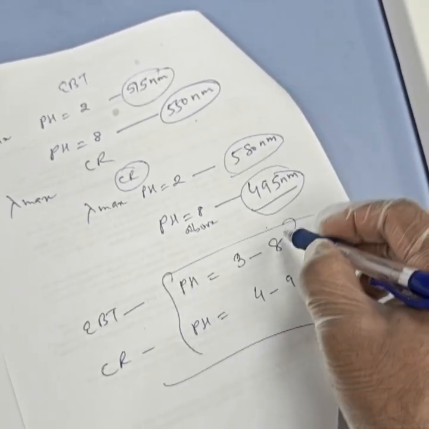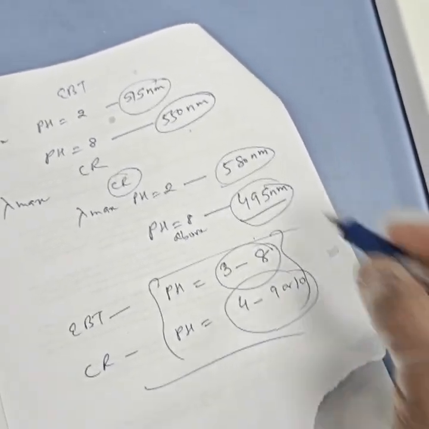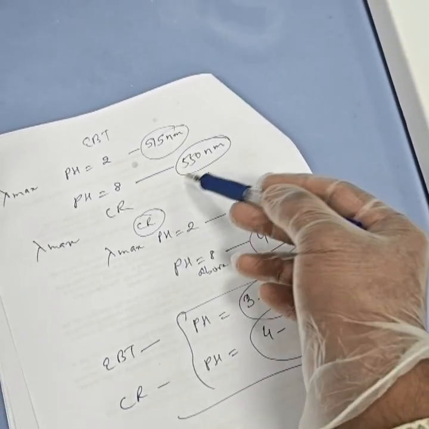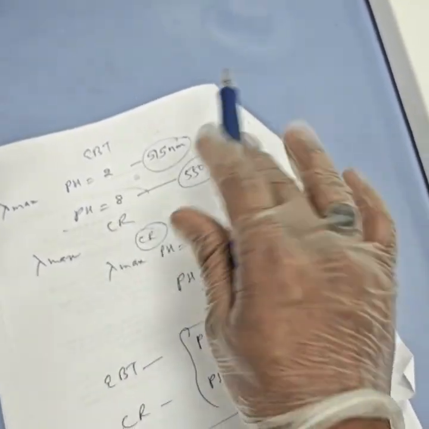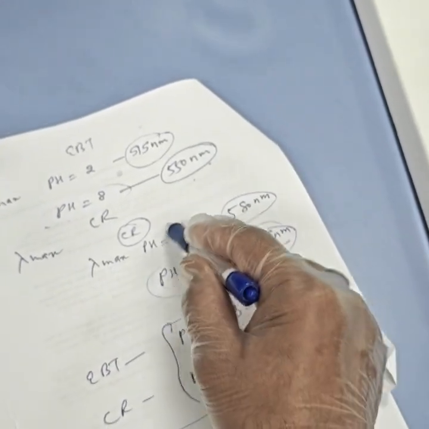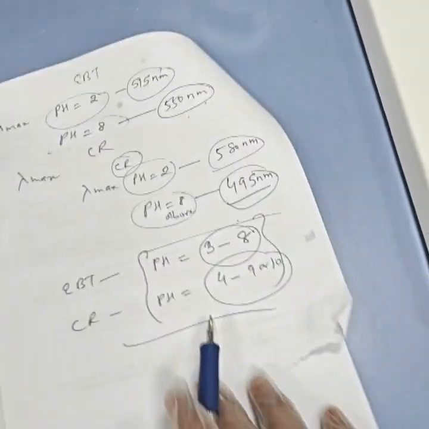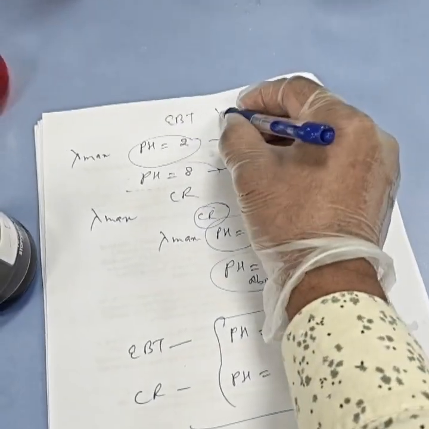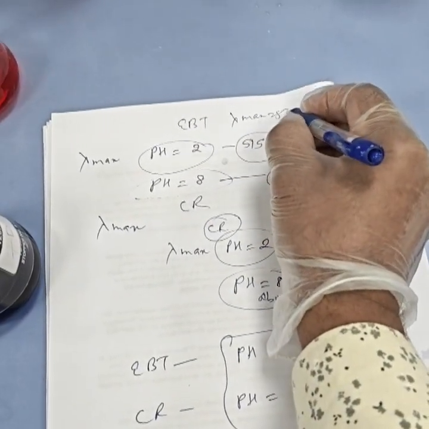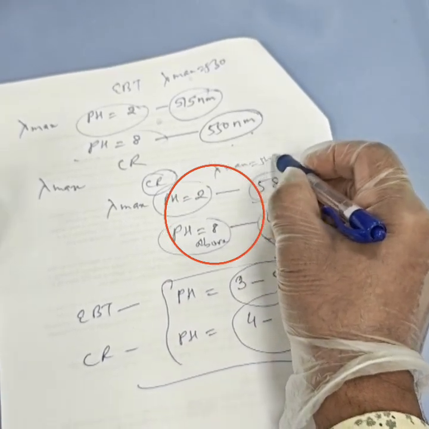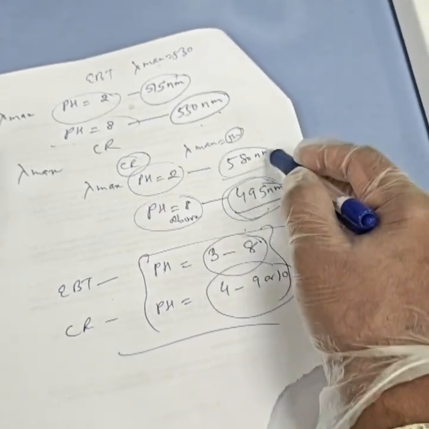When we add acid there is a shift in lambda max, and when we add base there is also a shift in lambda max, but here the basic side is okay, and here also the basic side is okay. For highly acidic conditions there is a great shift in lambda max. For EBT the lambda max is 530 to 540, and here it is around 500. So there is a high shift in the acidic medium.